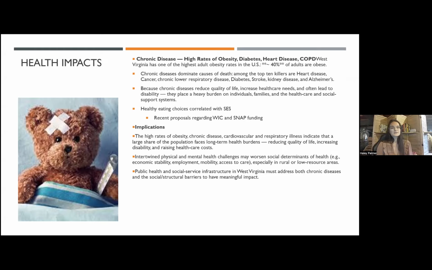We know that chronic diseases reduce quality of life, which increases healthcare needs and often leads to disabilities. Therefore, they place really heavy burdens on individuals, those who care for them, and healthcare and social support systems. I don't know about y'all, but more often than not I have a patient come in with a very, very high needs list.